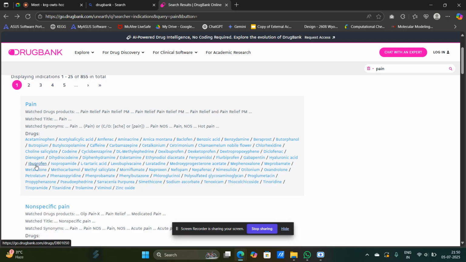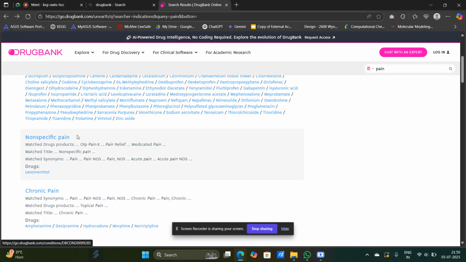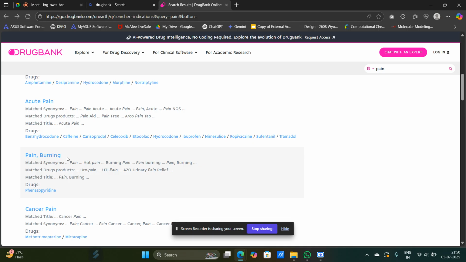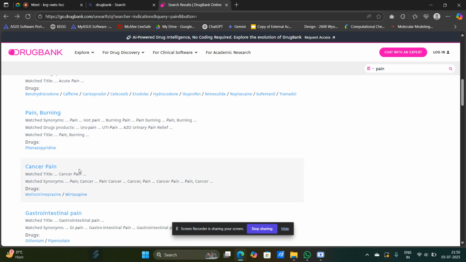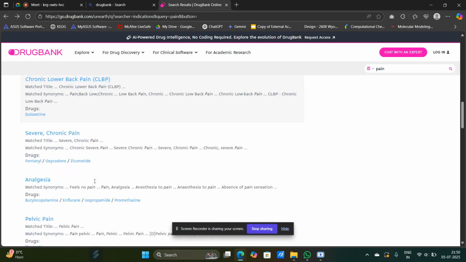Yeah, ibuprofen is there. Did you guys find it? Yeah. And you have different types of pain. So there is non-specific pain, chronic pain, acute pain, pain with burning, cancer related pain, and then gastrointestinal pain, etc.